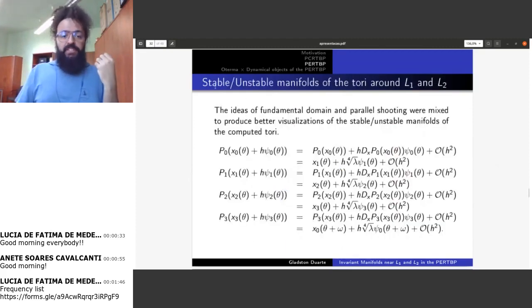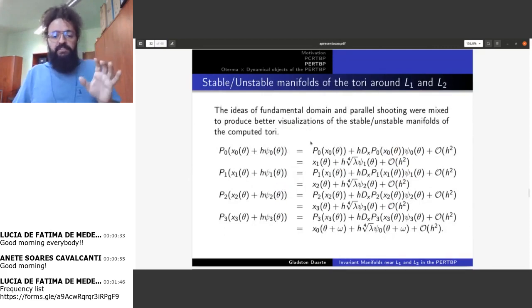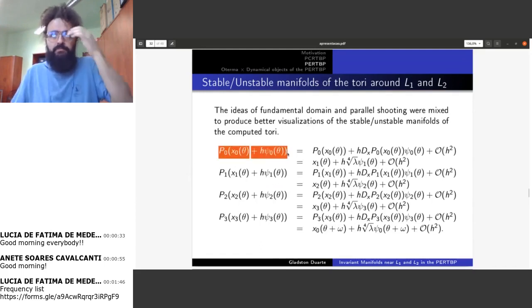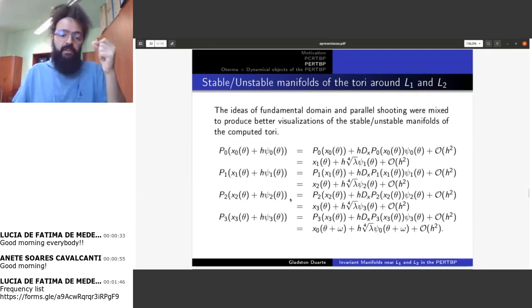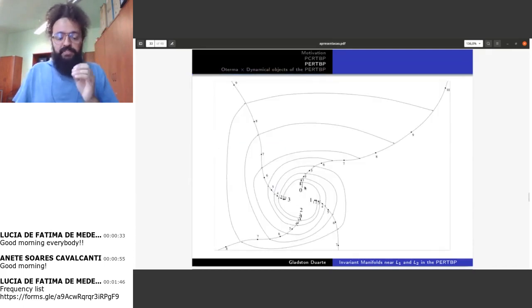And for the stable and unstable manifolds, instead of having just one equation of how to compute from one point to the next one, we'll have 4 equations, and that will define these sections we are using.